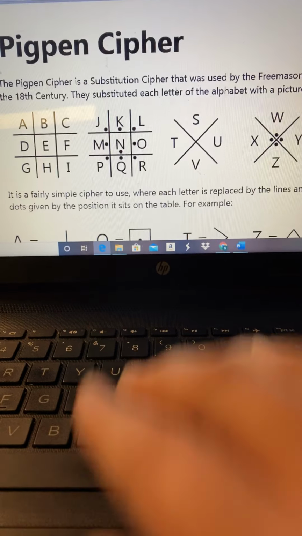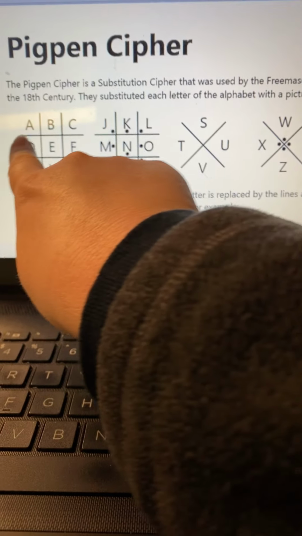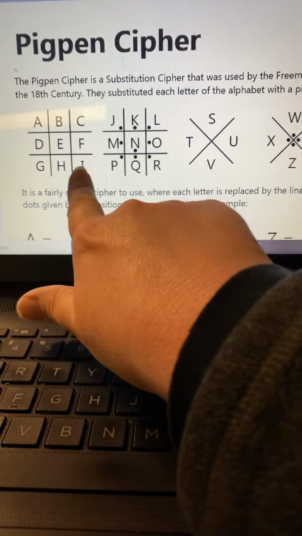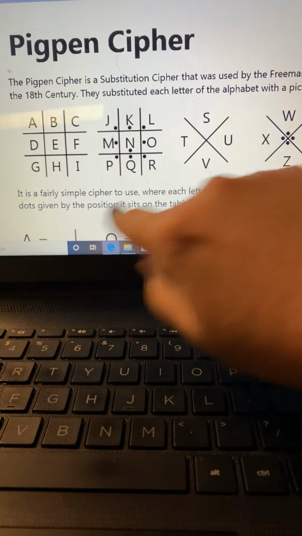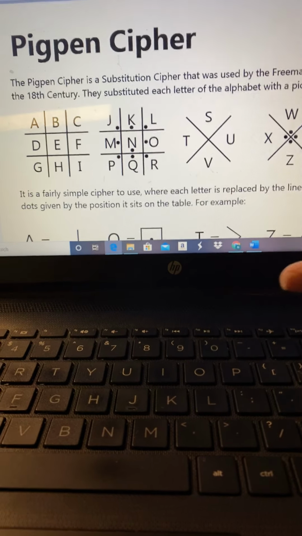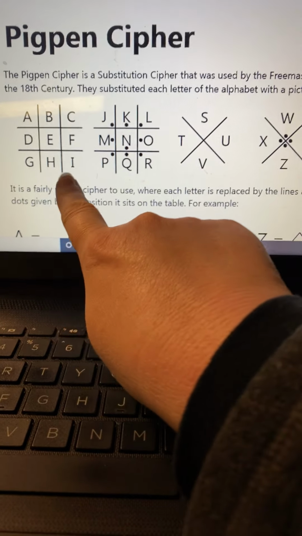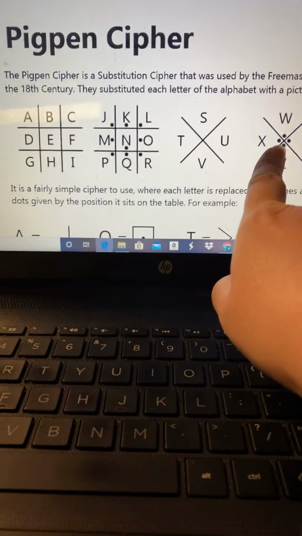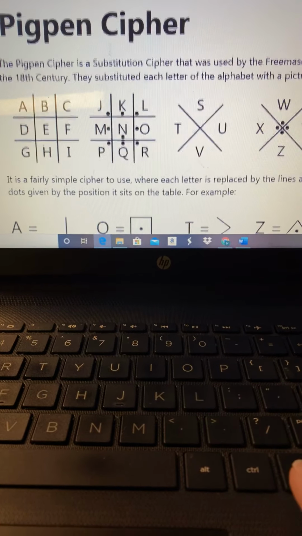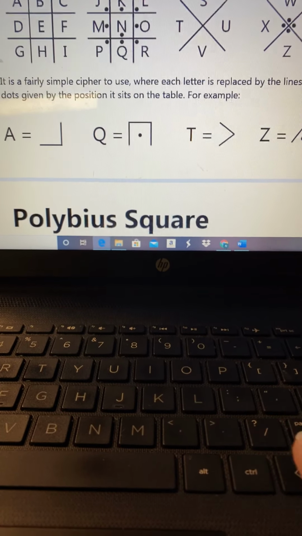Okay, that matches this part of the tic-tac-toe board, so that's an A. Okay, so you've got the tic-tac-toe boards, then tic-tac-toe with dots, then an X, and then an X with dots. Okay, so you are going to use each of these pictures to solve the Pigpen cipher. Okay?